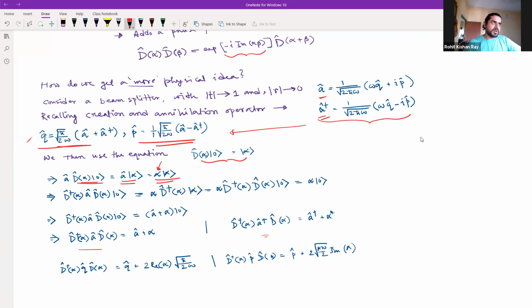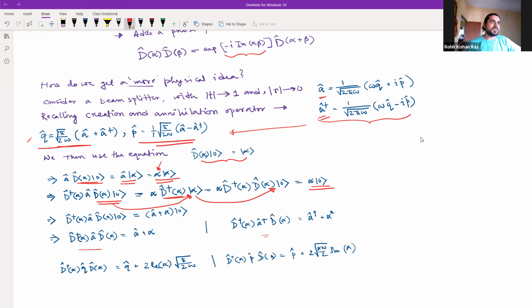Now let us also operate with D dagger, the reverse displacement, if you will. Then this part goes there, and we are left with D dagger, alpha and this. These can also be written in this form. So alpha can again be broken apart in this form, and once we do that, we come back to this equation.